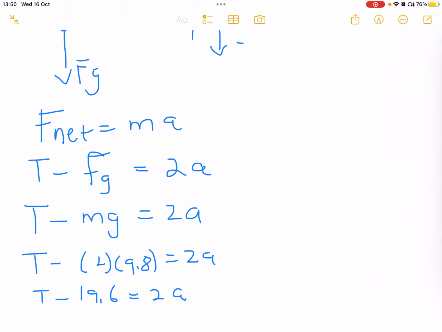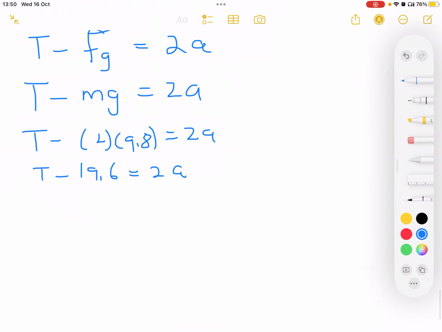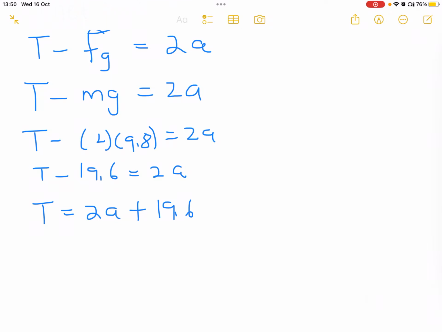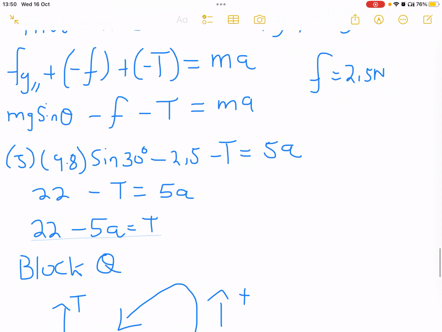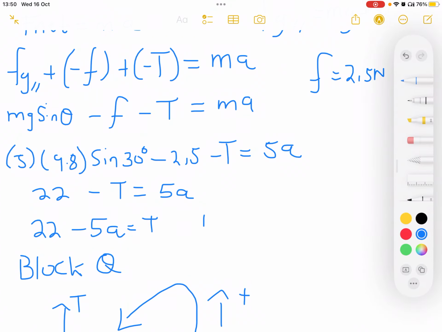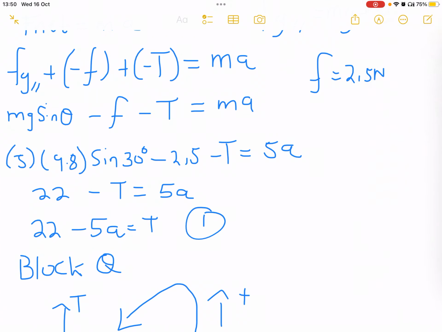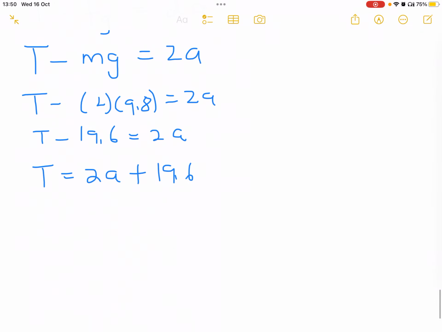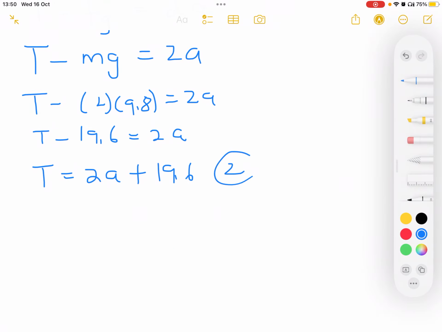We also have two unknowns here, but we can make T the subject of the formula. So T is equal to 2a plus 19.6. Now, we have made here an equation with T, which we can label equation 1, and we have here an equation with T, which you can say equation 2.